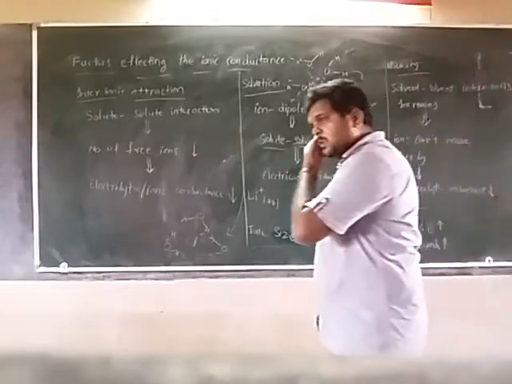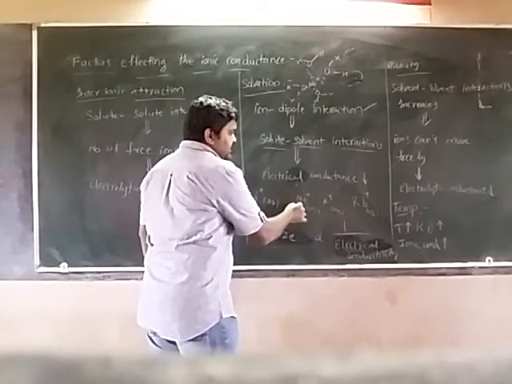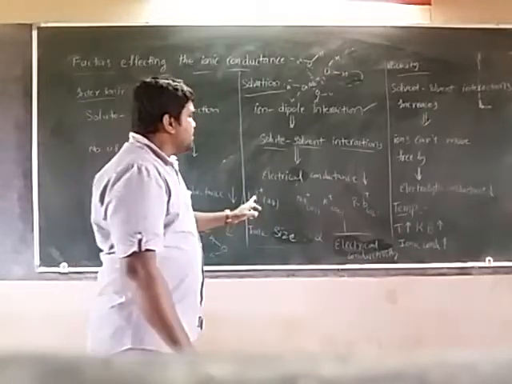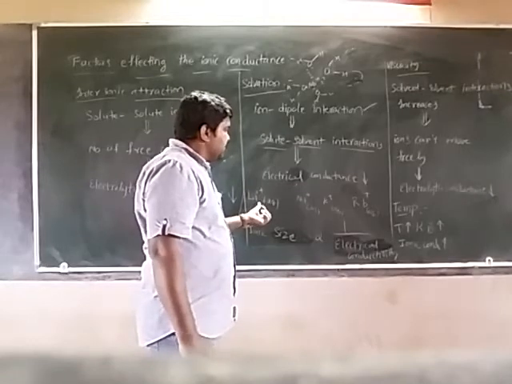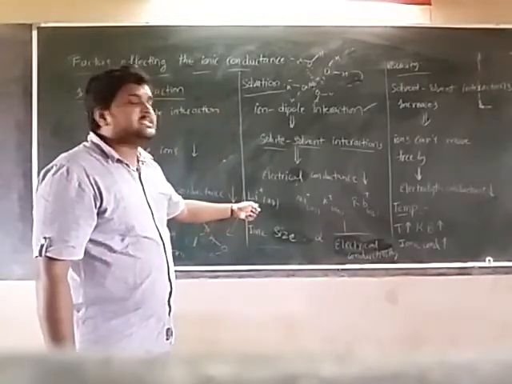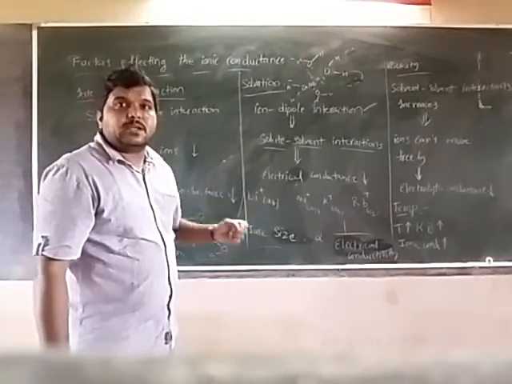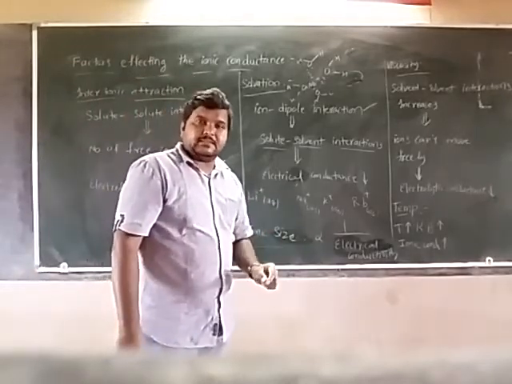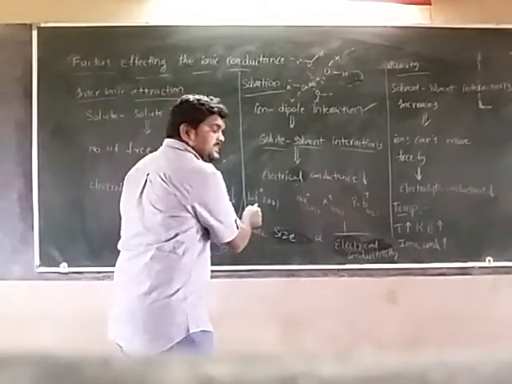In solvent, the smaller ion, Li plus, is more solvated, so its solvated size becomes larger and its ionic conductance is less.